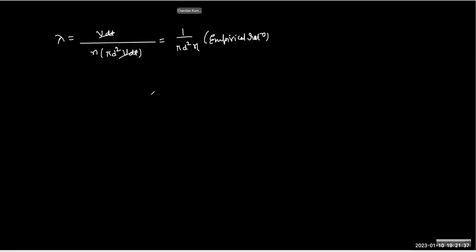But what you need to remember is that the randomness adds more collisions than what we calculated. The actual collision rate is found to be root 2 times what we calculated, so we have to multiply by the root 2 term, and therefore the formula for the mean free path becomes 1 by root 2 times pi d square n.